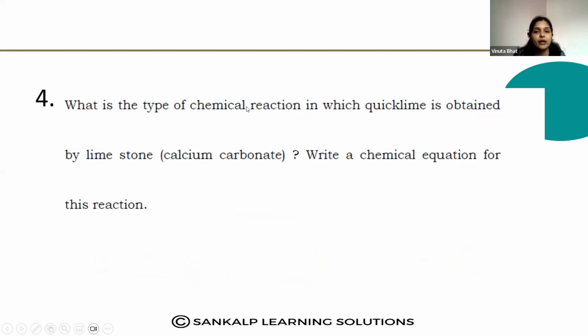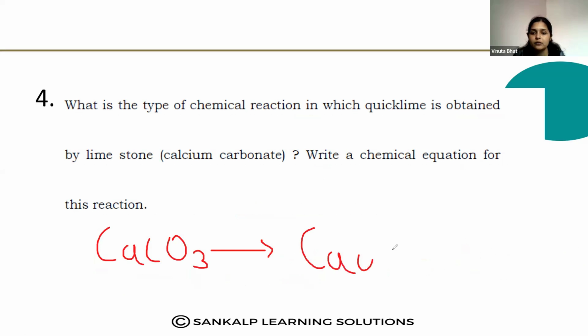What is the type of chemical reaction in which quicklime is obtained from limestone, calcium carbonate? Write the chemical equation for this reaction. So this is the same. When calcium carbonate is heated, it forms calcium oxide plus carbon dioxide.